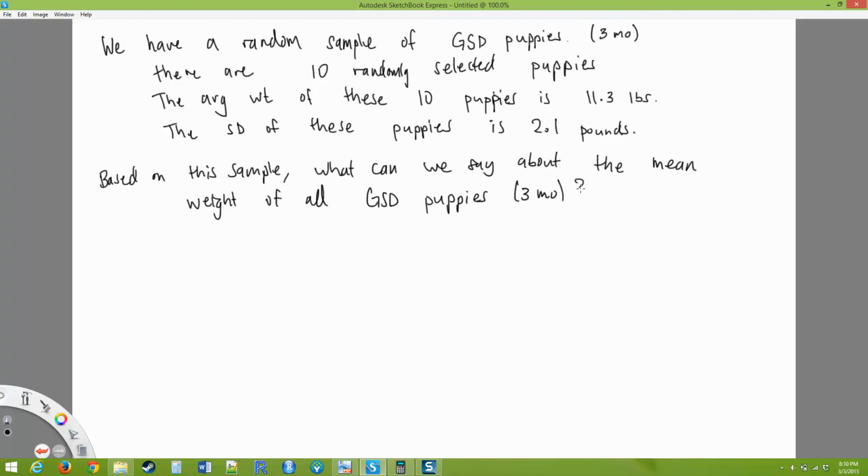Okay, that's what we want to know. So we're going to make a confidence interval. Okay, let's make a 95% confidence interval.